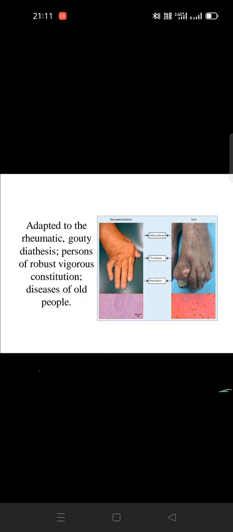That type of physique is there, especially in the case of Colchicum autumnale. But if old people have the rheumatic and gouty problem, and in the investigation you find a raised uric acid in the blood, then you can think of this medicine.